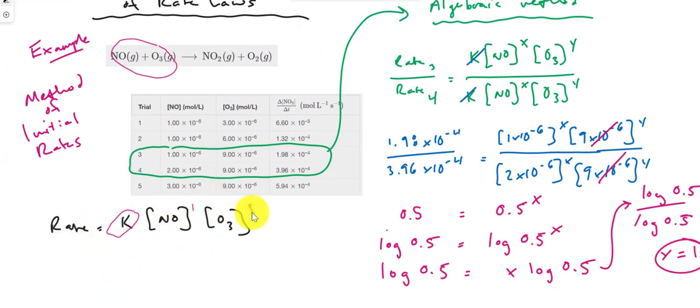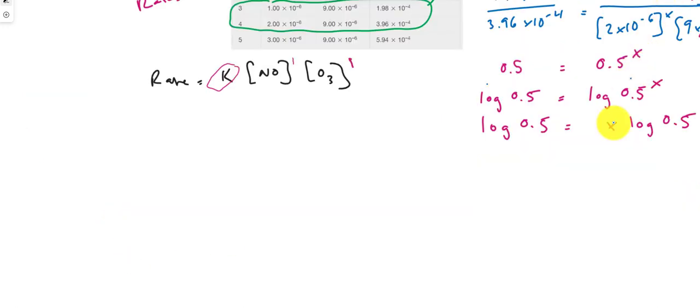Once you've figured out what the orders are, then this thing is fully defined. So you go to one of these trials, it doesn't matter which one because they're all going to be the same. The rate constant will be the same for each one. You pop in a value for rate here, you pop in a value for NO concentration here, to the first power, ozone concentration to the first power, you solve for k, and that gives you the rate constant.